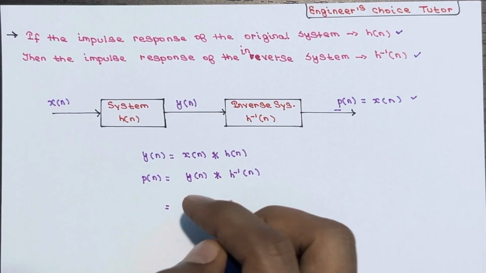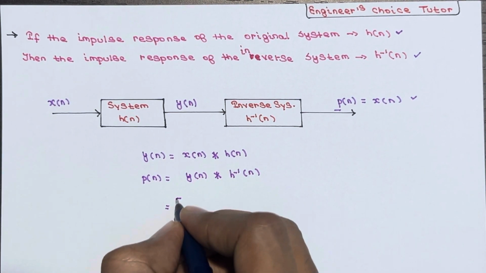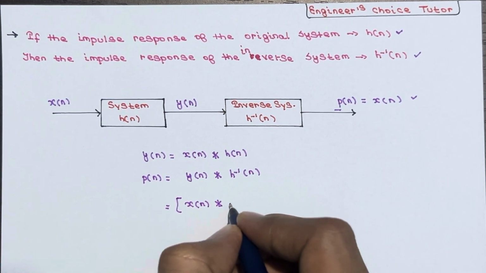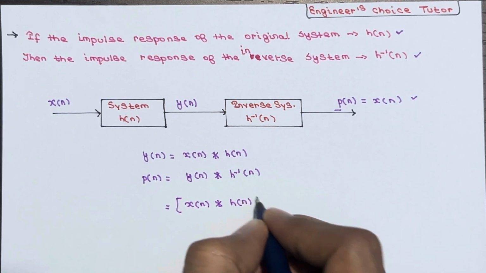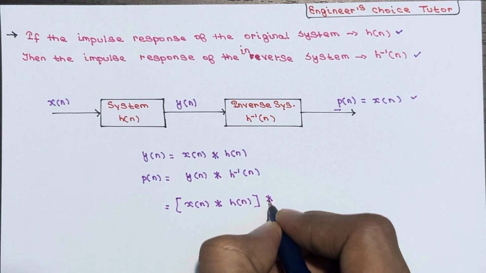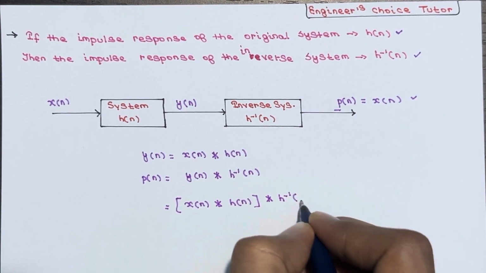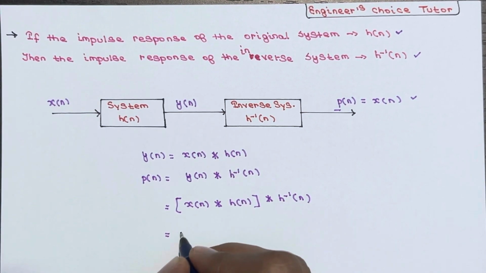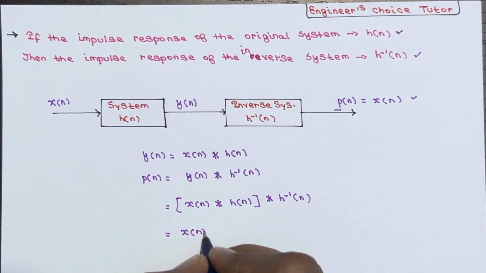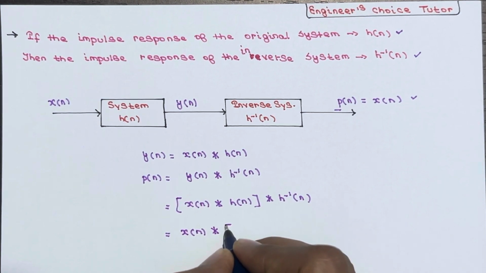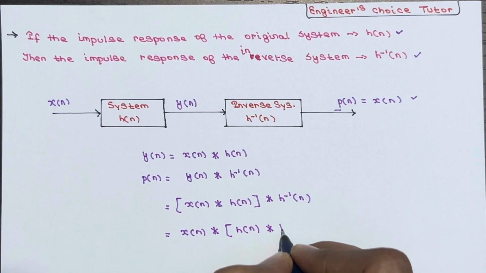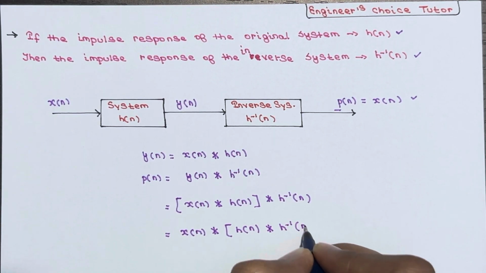Now you already know y of n, which is the convolution of x of n and h of n, and then convolution with the inverse of h of n. Now you can write this as x of n convolution of h of n convolution of inverse of h of n.